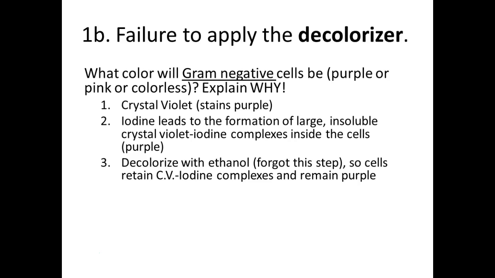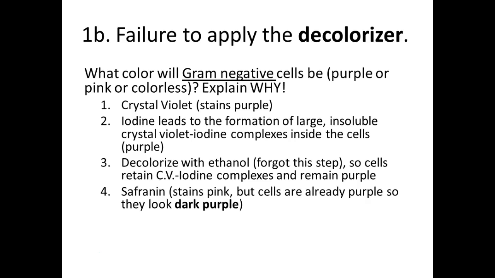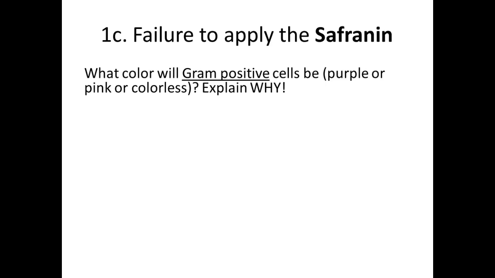So they're going to be purple. Then you're going to stain them with safranin, so they're still only going to be purple. So is this correct? No, gram-negative is supposed to be pink. So the problem right now, if you forget to do the decolorization, is both your cells are purple.